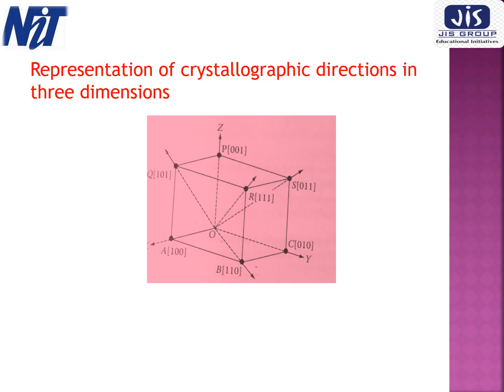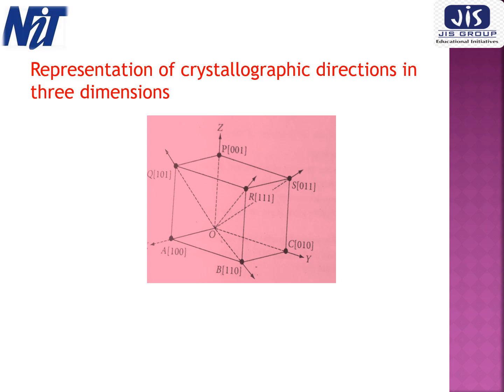You see, go to the point Q. You will find that Q is written as 101, whereas the point P is written as 001. Point S is written as 011. So like that, there is a table which summarizes the points and the directions.